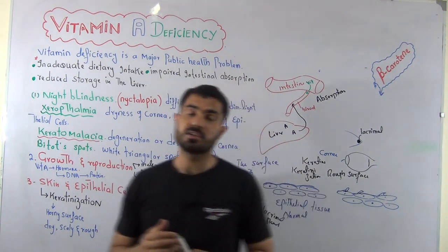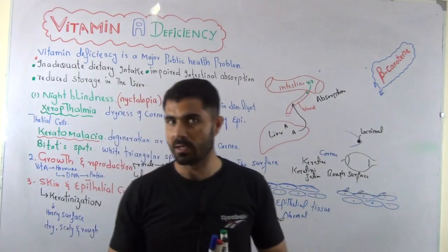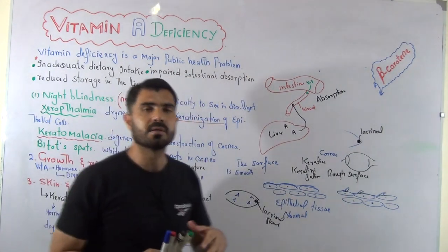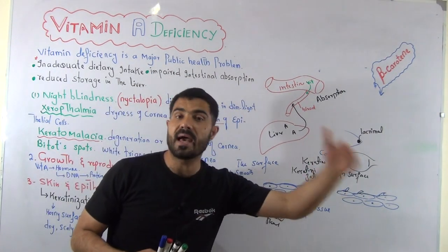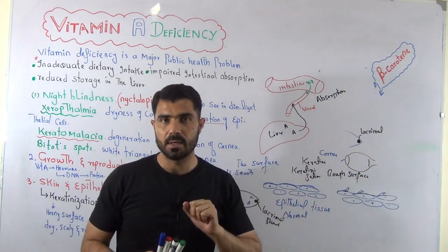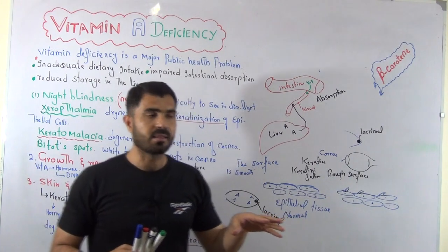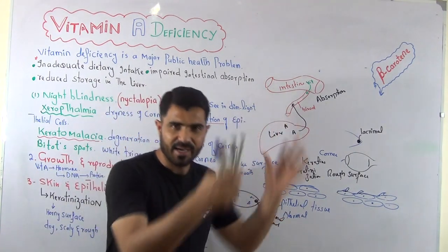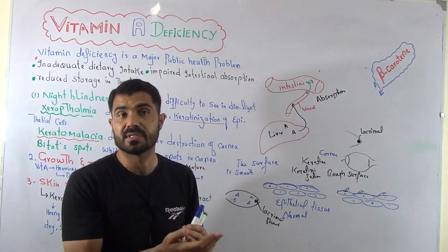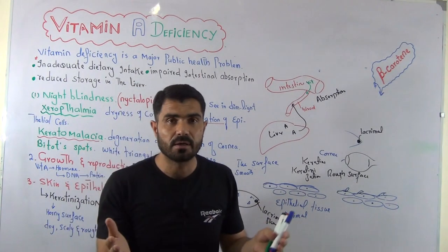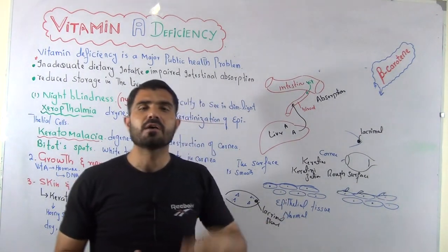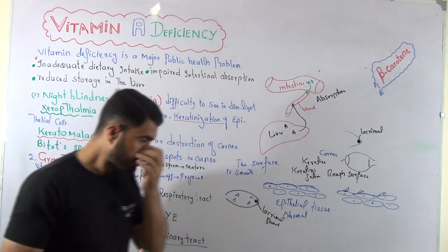This is the next one, and then we have reproduction. Vitamin A has its role in reproduction as well. Studies have been done on animals in the lab. Some animals were taken and given a diet which was lacking vitamin A. First of all, they took female mice.